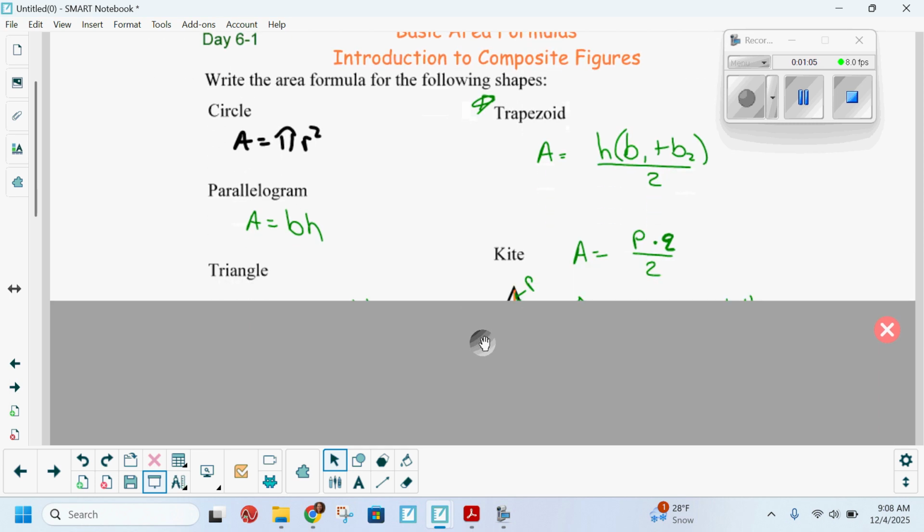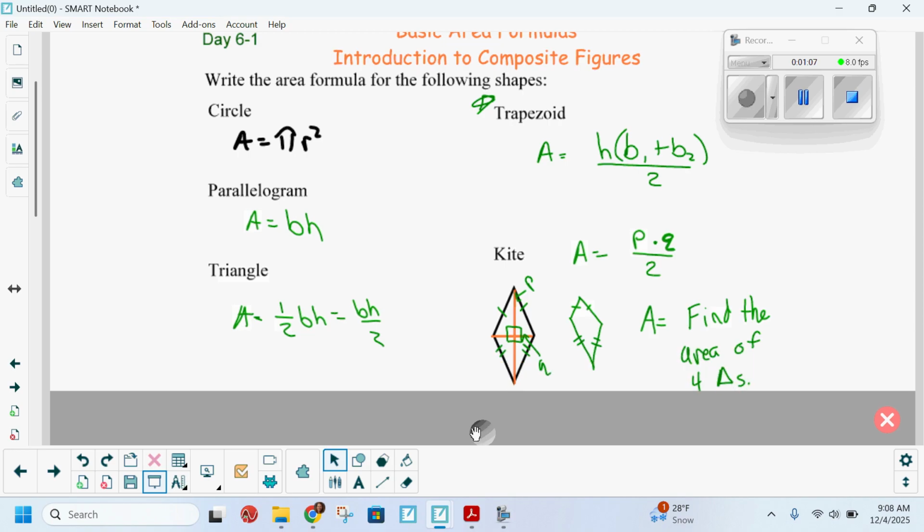All right, a kite. So a kite looks like this. And the kite has two sides that are adjacent that are congruent, and then two other sides that are also congruent. And we're going to learn a lot more about the kite, but the diagonals are also perpendicular. And because of that, it makes 4 right triangles.